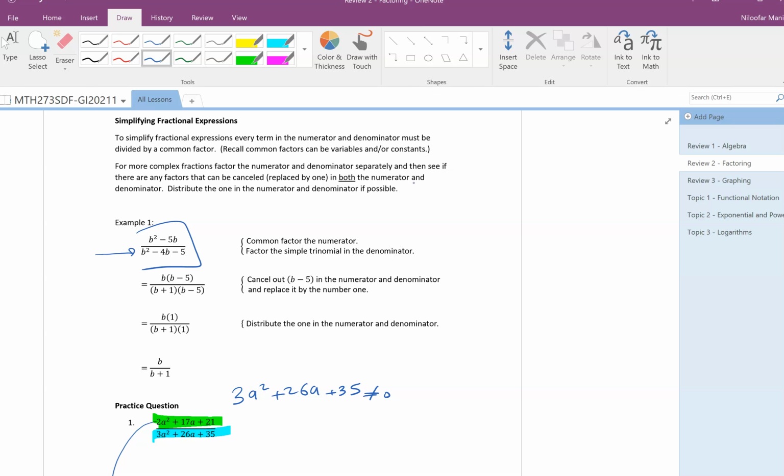So for all the fractional questions, if I want to have the question correctly, I have to say the denominator is not 0. But it's not just your job. It has to be part of the question. So you don't need to be worried about that. What you do is you factor top, factor bottom, cancel what you see in common, and at the end just write the simplified answer.